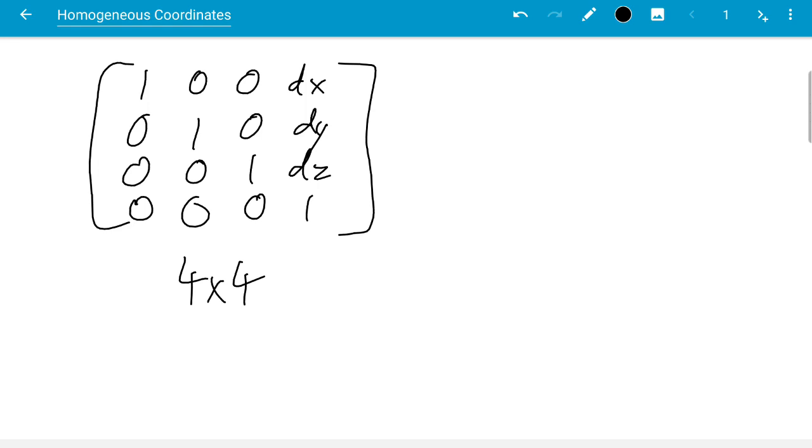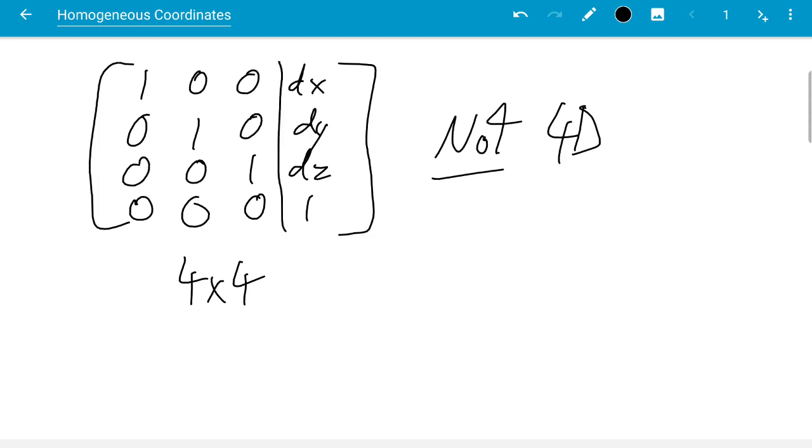So this is not a 4-dimensional construct. We're not representing an extra spatial dimension with a 4x4 matrix. We could, but when we're talking about translation matrices and transforms and such, this extra column here and this extra row at the bottom is not an extra spatial dimension, it's just an additional mathematical tool.